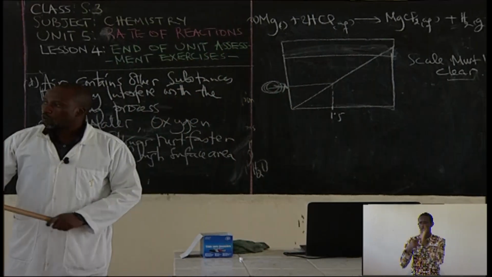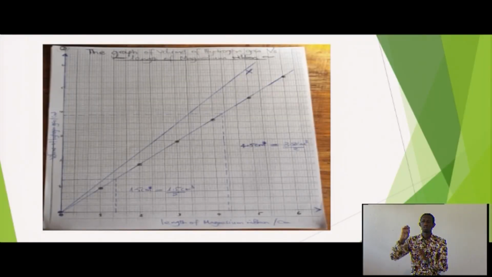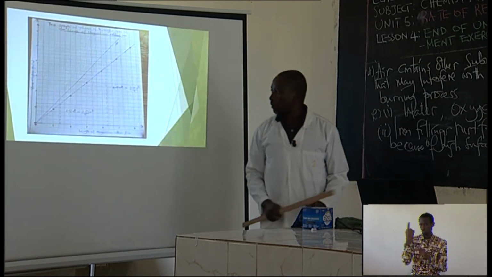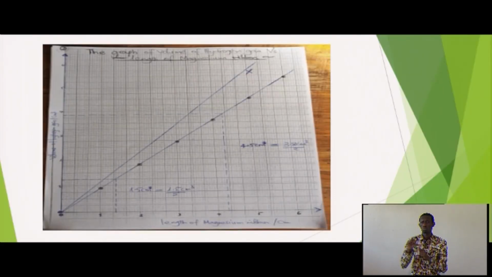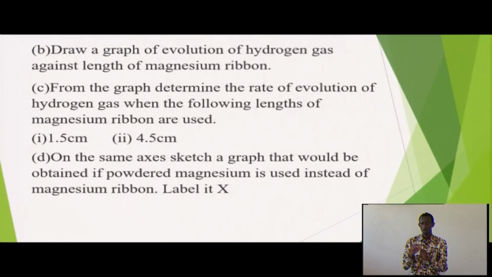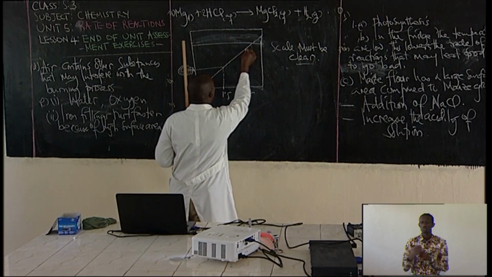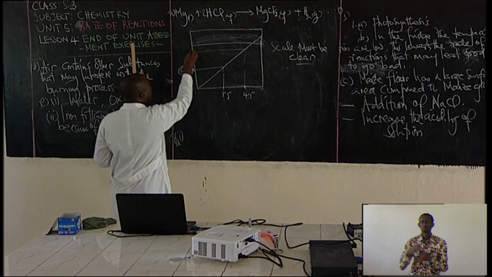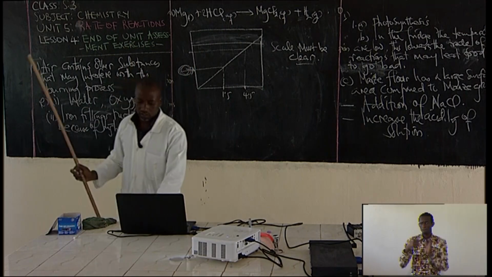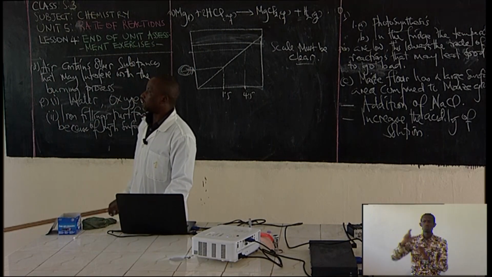Then if they say 4.5 centimeters, I go to 4.5, draw the line, then read the volume here. It is just as simple as that.